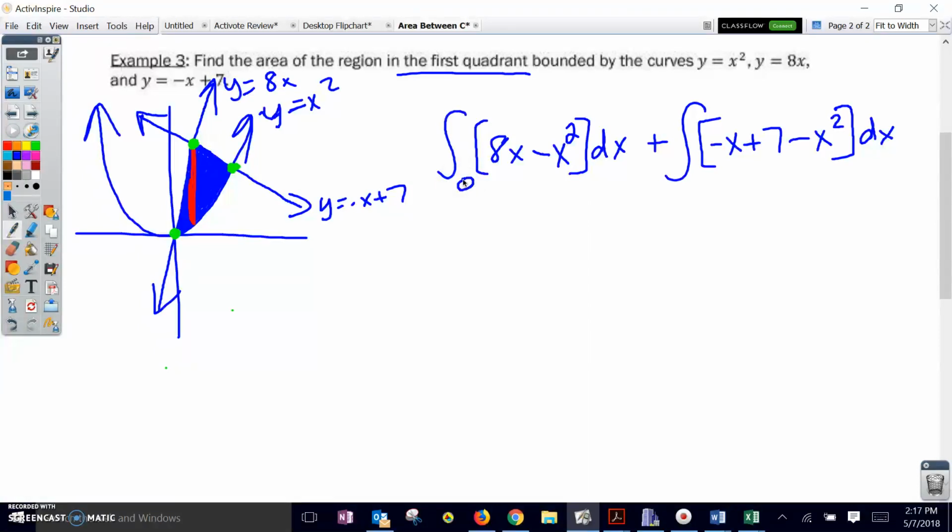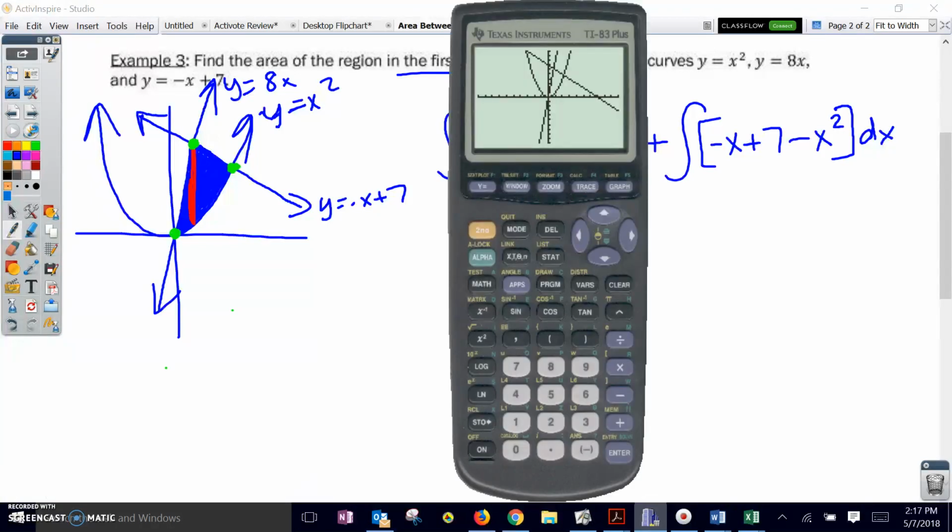And then we need to know where y equals 8x and y equals negative x plus 7 intersect. I'll do that from my calculator. Again, not that it's difficult to do this by hand. I'm just having a lazy day.